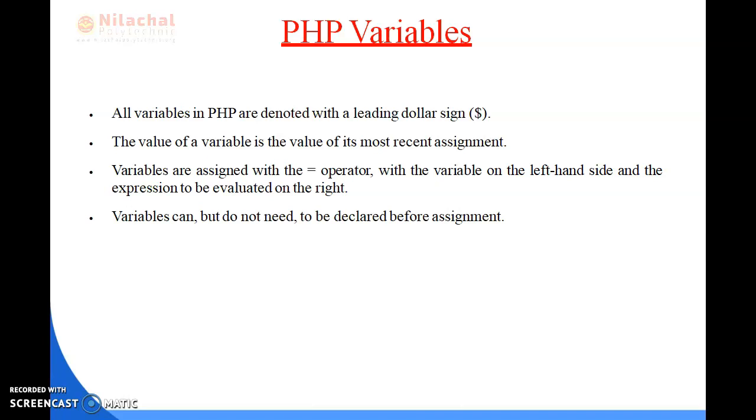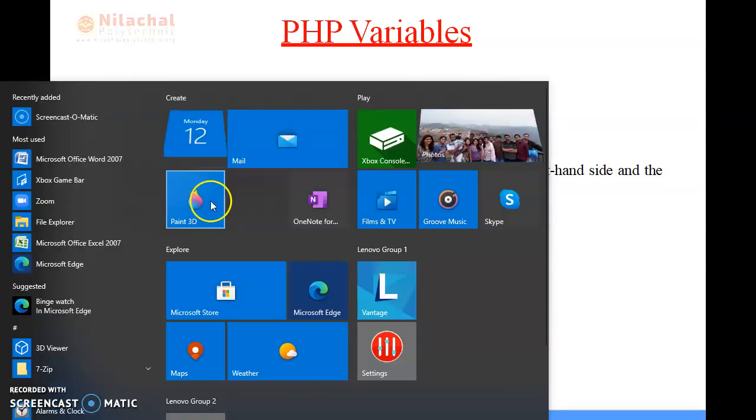All variables in PHP are denoted with a leading $ sign. This is the $ sign. So variables are represented in PHP by starting with the $ sign. Next, the value of a variable is the value of its most recent assignment.